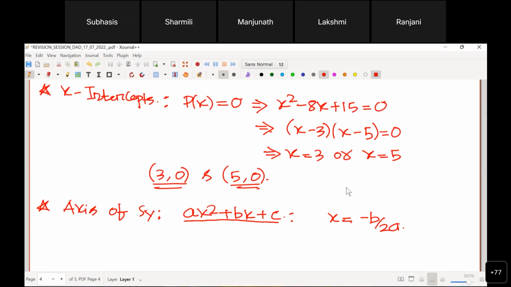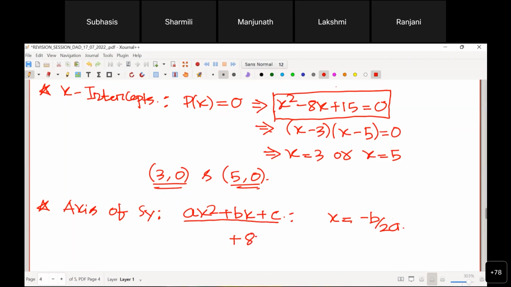If I apply this formula to this particular polynomial, x square minus 8x plus 15, and compare, what do I get? Minus b, which is minus of minus 8, which is plus 8, by 2a.